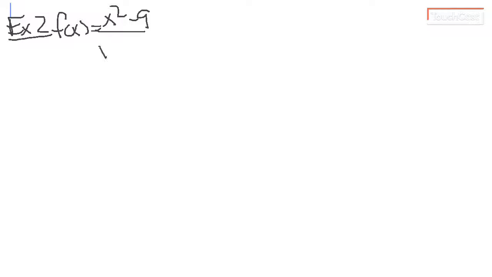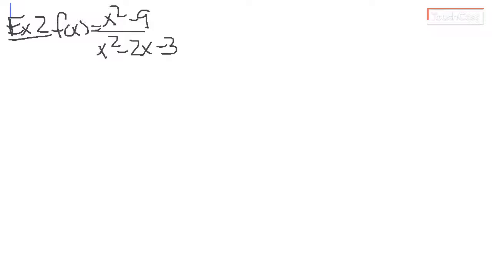So in example 2, we are looking to graph f of x equals x squared minus 9 over x squared minus 2x minus 3.